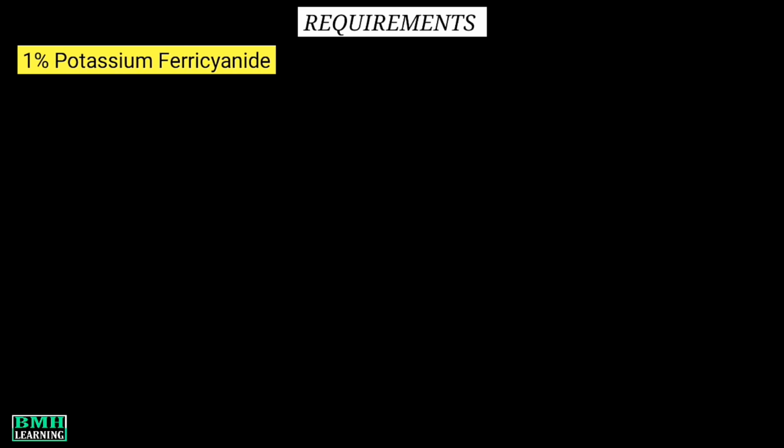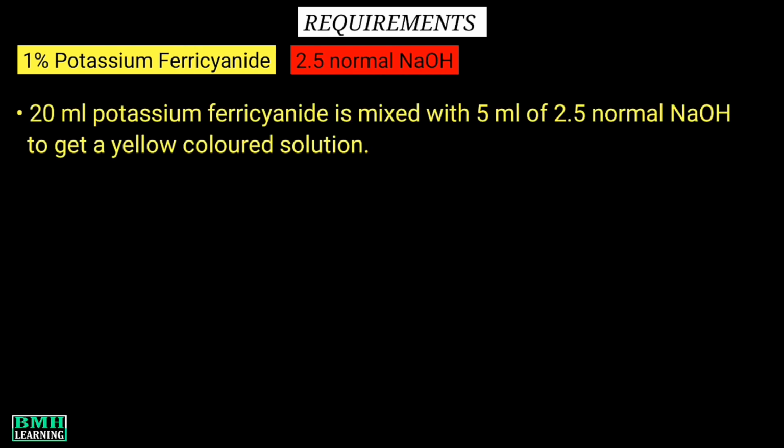Requirements. We need 1% potassium ferricyanide solution and 2.5 normal sodium hydroxide. So, 20 ml of potassium ferricyanide is mixed with 5 ml of 2.5 normal sodium hydroxide to get a yellow colored solution.